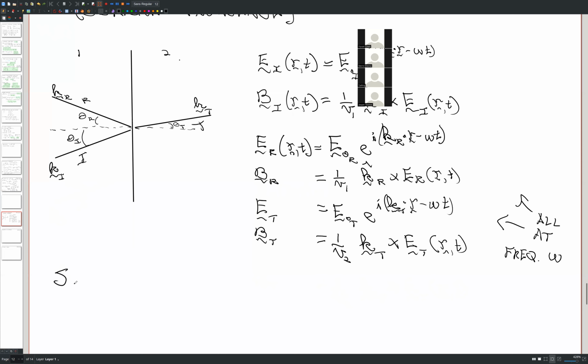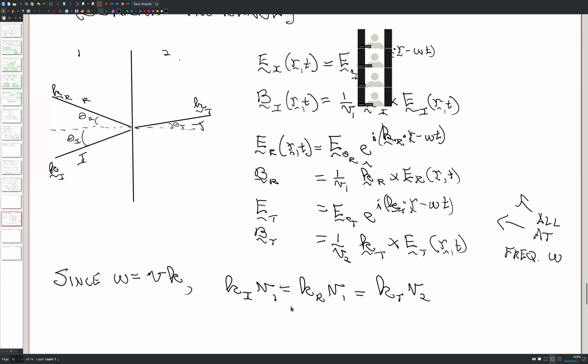Since omega is equal to V times k, where k is the modulus of whatever vector we have here, the condition is that k incident V1 has to be equal to k reflected V1, which is equal to k transmitted V2.